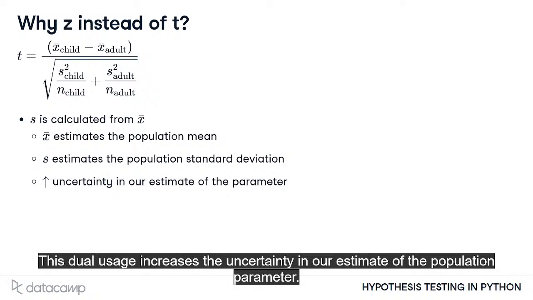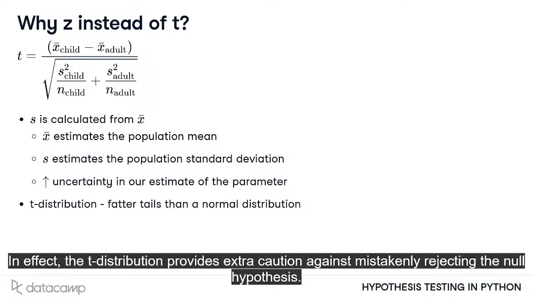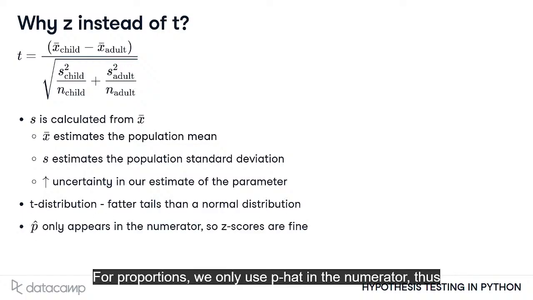This dual usage increases the uncertainty in our estimate of the population parameter. Since t-distributions are effectively a normal distribution with fatter tails, we can use them to account for this extra uncertainty. In effect, the t-distribution provides extra caution against mistakenly rejecting the null hypothesis. For proportions, we only use p hat in the numerator, thus avoiding the problem with uncertainty, and a z-distribution is fine.